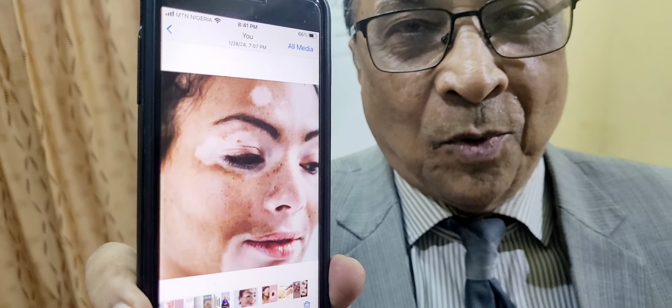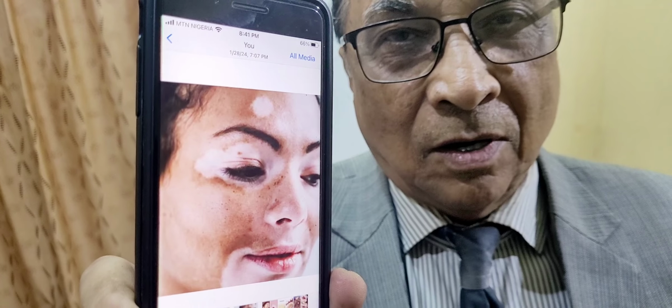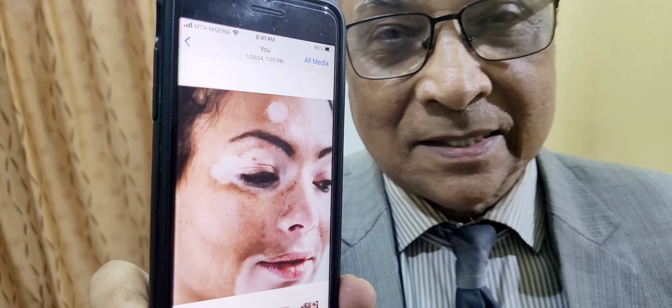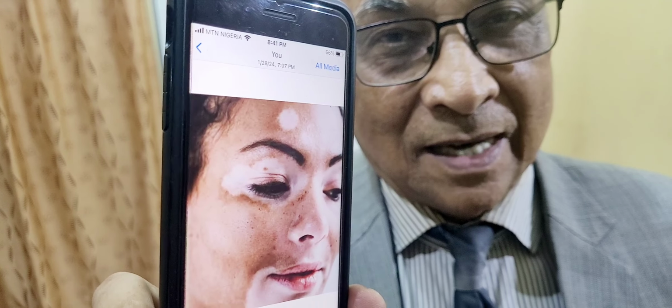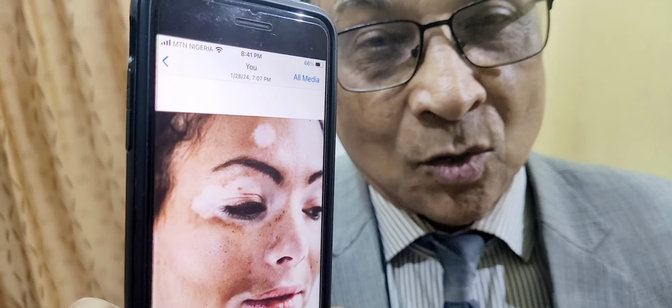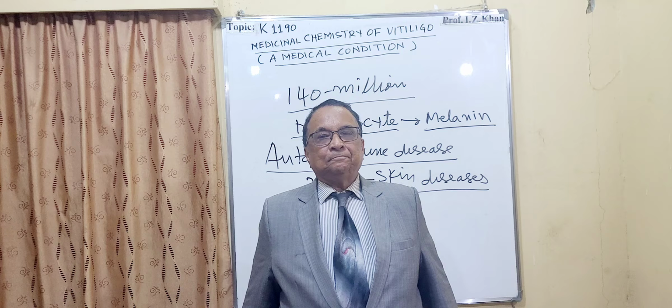But if it is full-blown vitiligo or leukoderma, with white spots on the whole face, on the leg and foot, we cannot cure it, and the progression is also difficult to reduce because it has become a chronic condition.